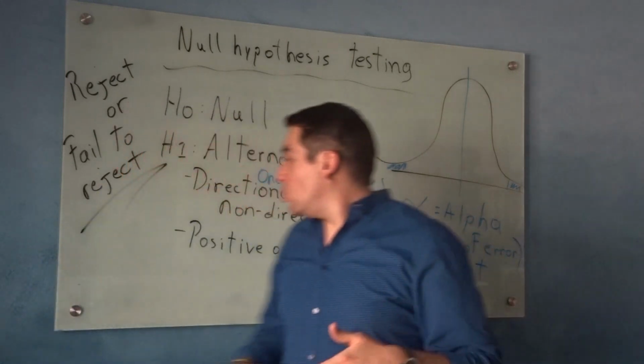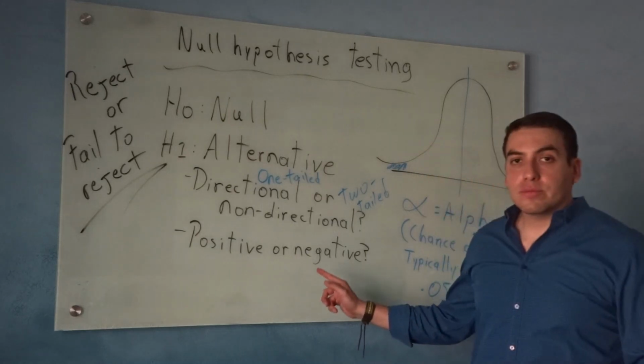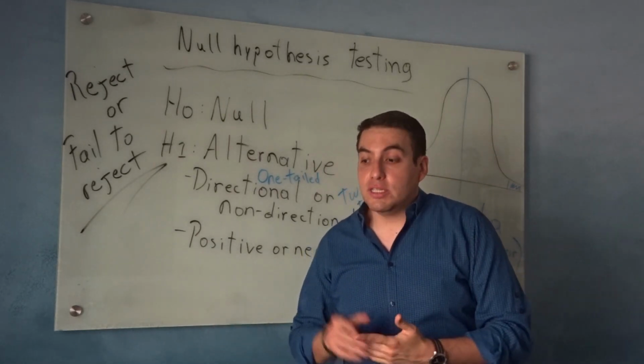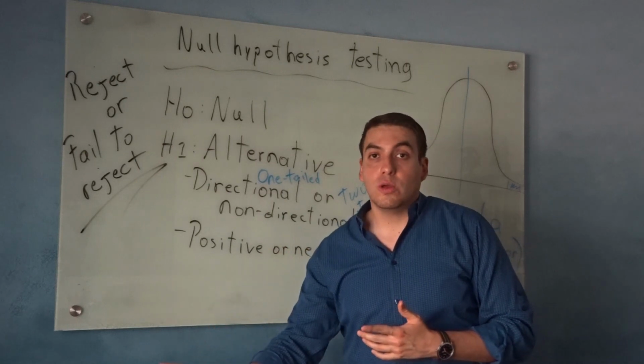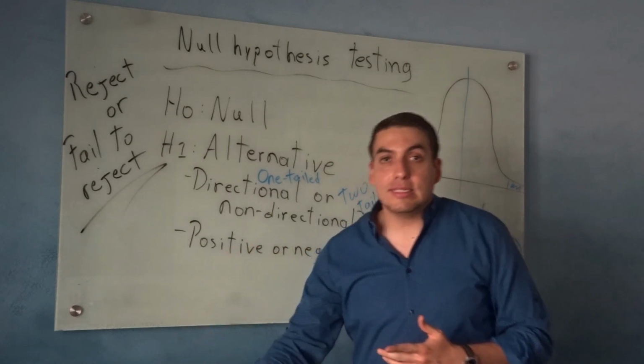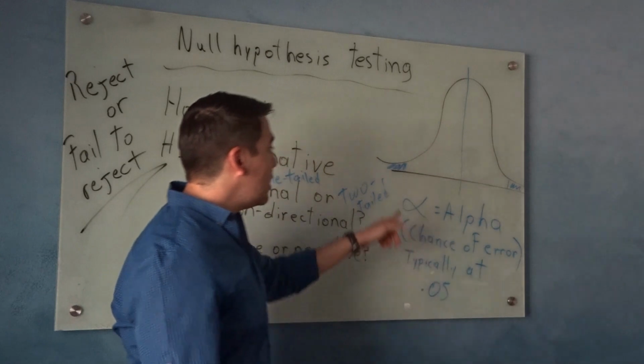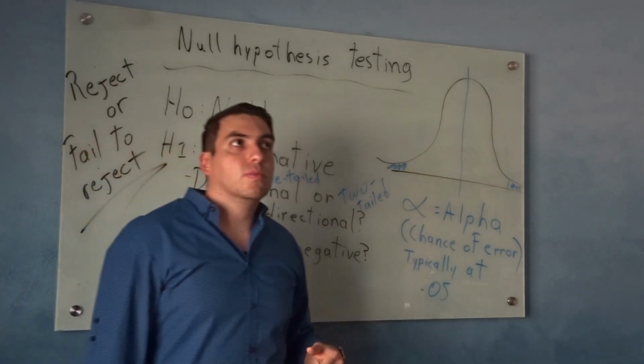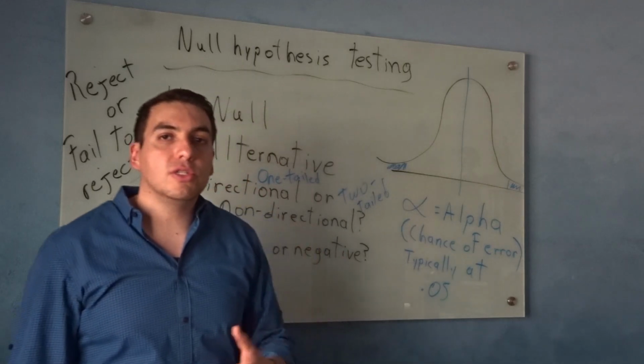One-tailed can also be negative. So maybe, I don't know why, but I may think that meditation is going to decrease IQ. So decrease is a suggestion that it's going to go down, and at that point, it's going to be a negative.